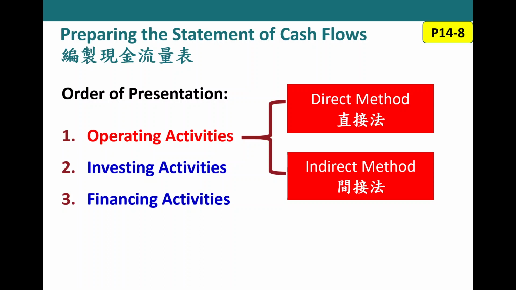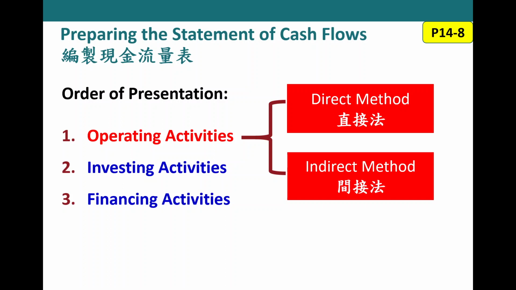So on your slide, page 28, remember, when we prepare statement of cash flow, we want to know the cash flow from three activities: from operating activity, from investing activity, and from financing activities. So the most difficult and important activity is operating activity.